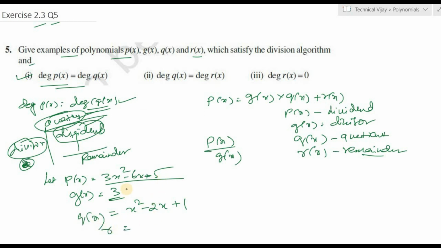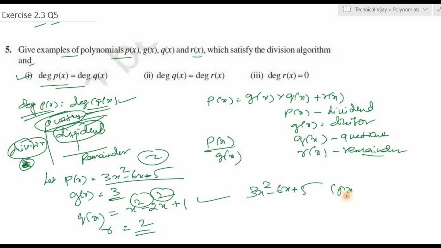The remainder will be 5 minus 3, it will be 2 only. So consider the degree of this p of x is 2 and the quotient degree is 2 also, the same. So this is the best example. 3x square minus 6x plus 5 will be the p of x, then q of x will be x square minus 2x plus 1. The degree of this one and this one are equal. In this way we can write the equation.